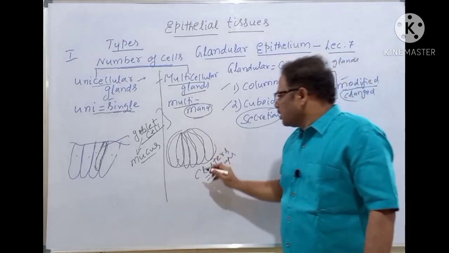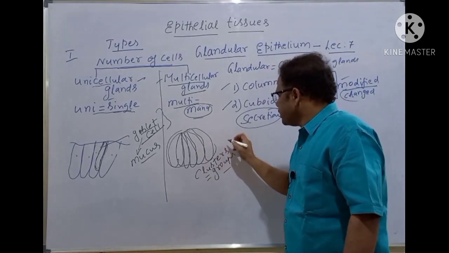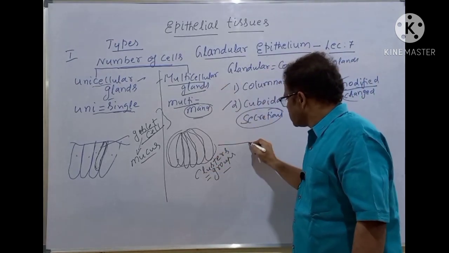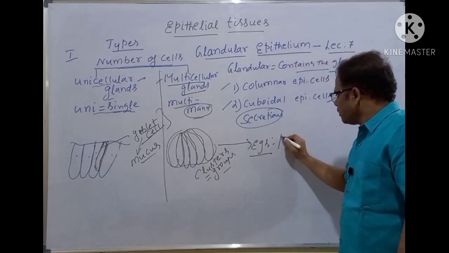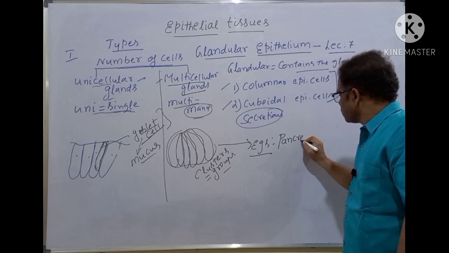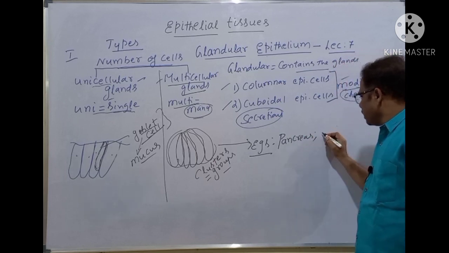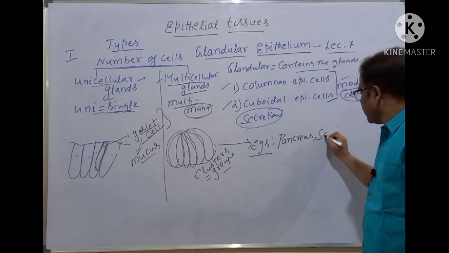Now examples of the multicellular glands. One is the pancreas, intestinal glands, salivary glands.